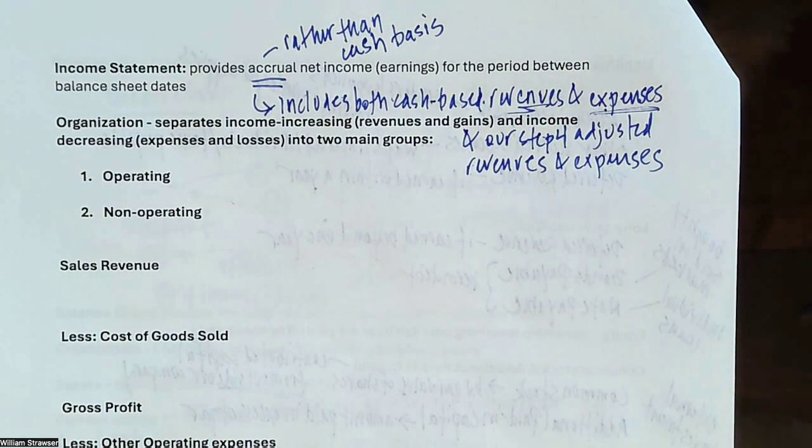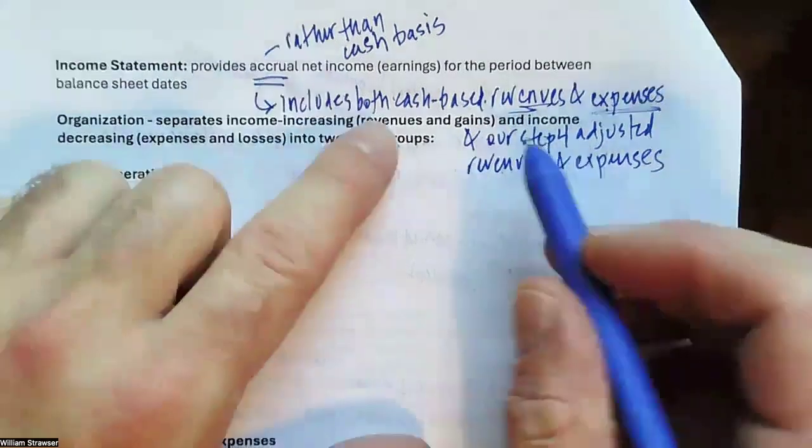Cash-based expense transactions would be something along the lines of my employee started working on January 1st. They have no prior wages accrued. They work the entire month of January. And then on January 30th, I pay them a wage. I would match that payment as an expense for the month of January. And I gave them cash. So I would debit wage expense and credit cash. So those are the cash-based ones.